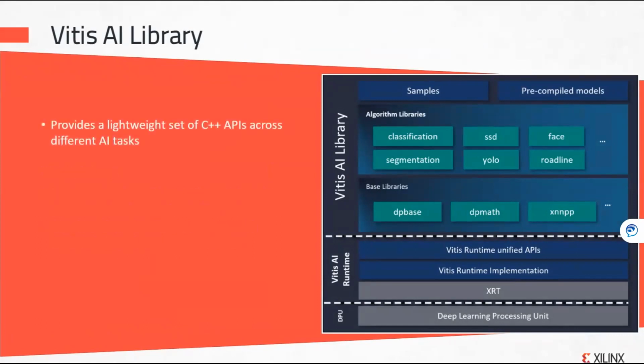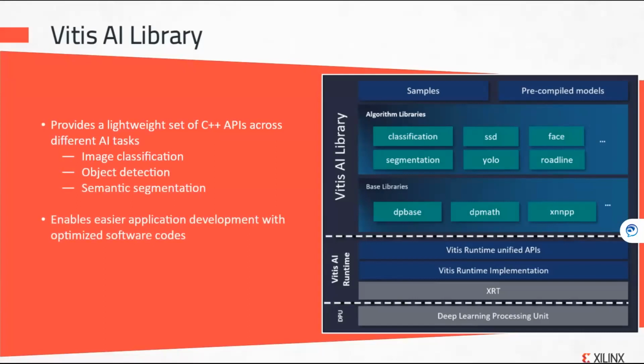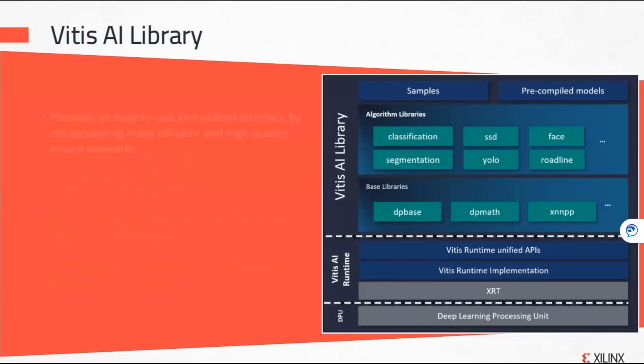The Vitis AI library provides a lightweight set of C++ APIs across different AI tasks such as image classification, object detection, and semantic segmentation. It enables easier application development with optimized software codes. It also provides memory management and interrupt handling based on the Xilinx Runtime Library, XRT.